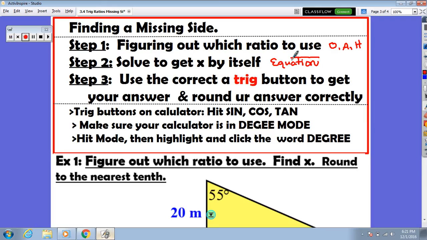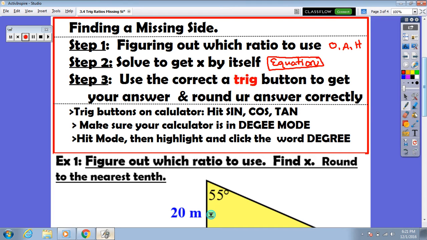At the end, you will type in a math statement in your calculator to get your answer, kind of like we did last class, okay? And make sure that you read the directions so that you know where to round your answer correctly.